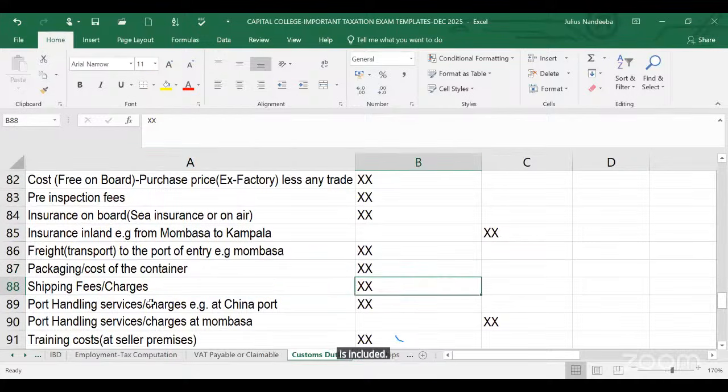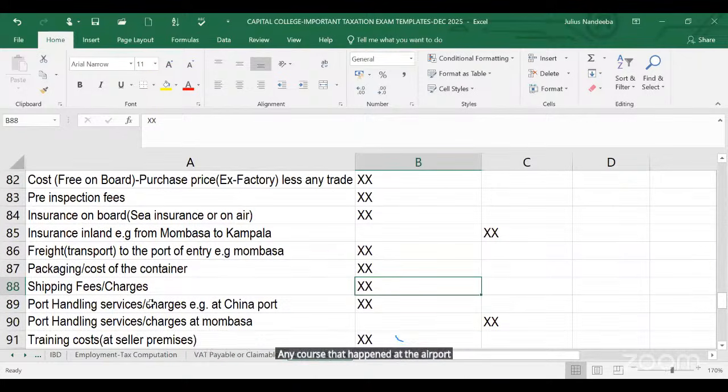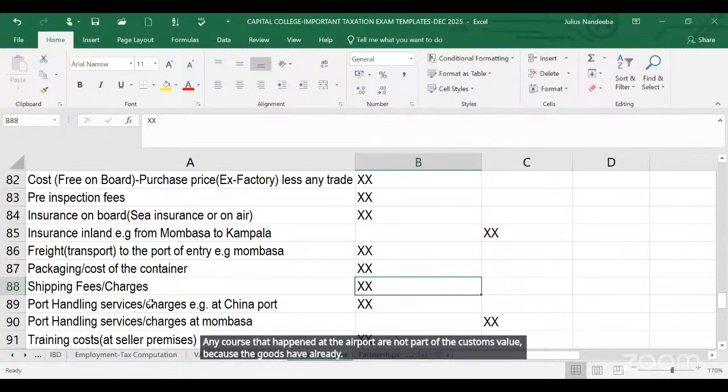Port handling services stock charges. Now be careful. Port handling charges on the other side, if they are the port handling charges at Mombasa, they are not included. So cram it from your head that any costs that happen at Mombasa, any costs that happen in Dar es Salaam, any costs that happen at the airport are not part of the customs value because the goods have already landed.